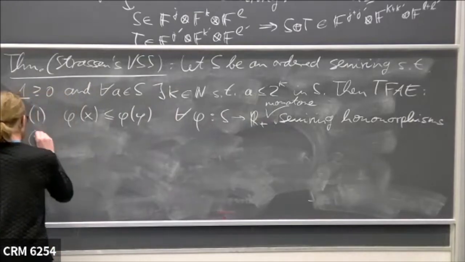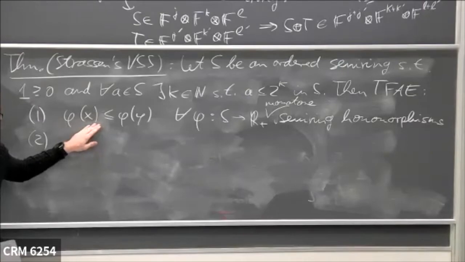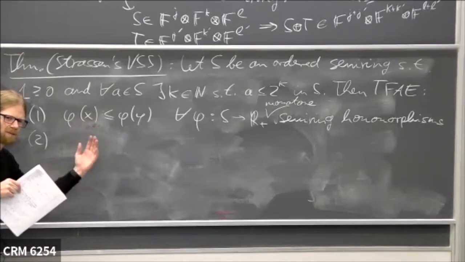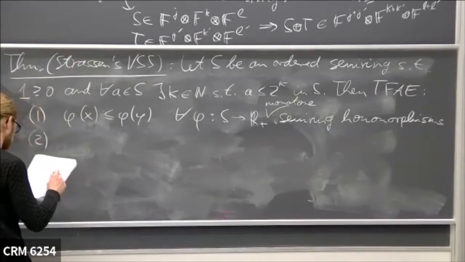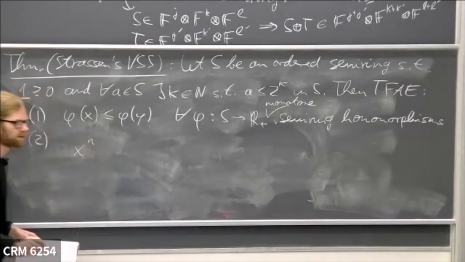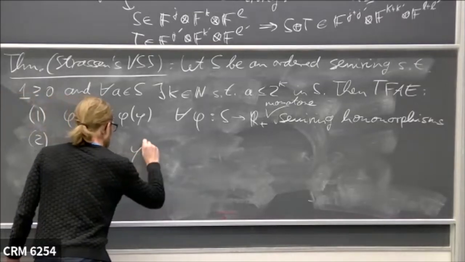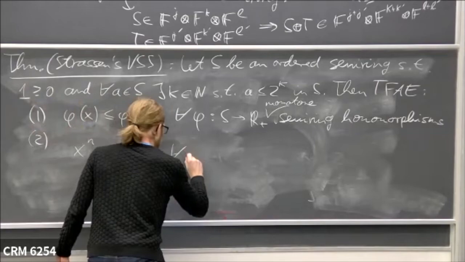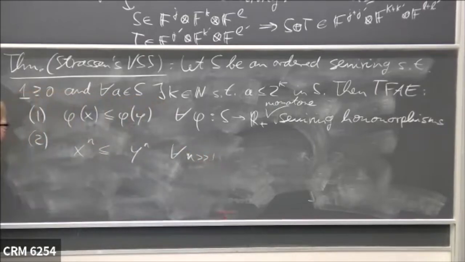Yeah. Now the other condition that's equivalent to this one is something about asymptotic ordering, and this is Strassen's version saying that x to the n, so now we're taking nth powers, is less than or equal to y to the n for all sufficiently large n. Except that this is not exactly true; we need a little bit of padding.